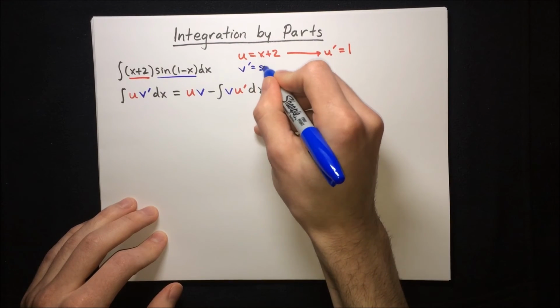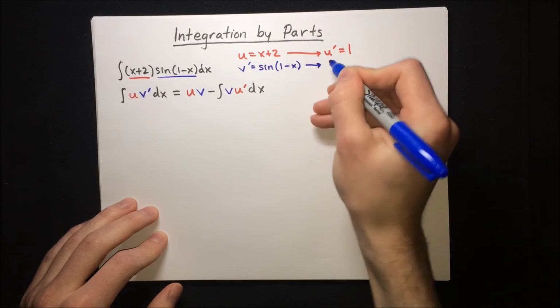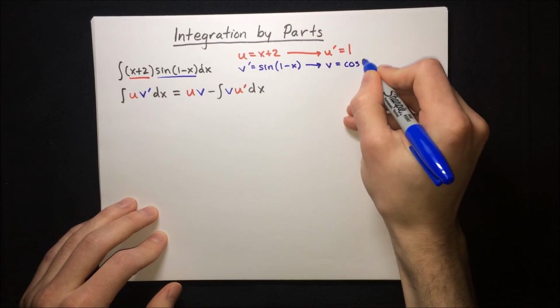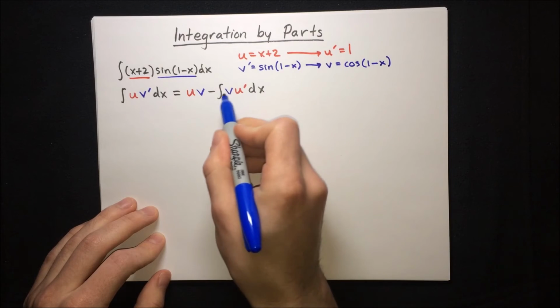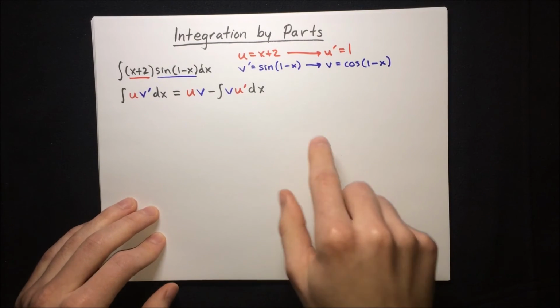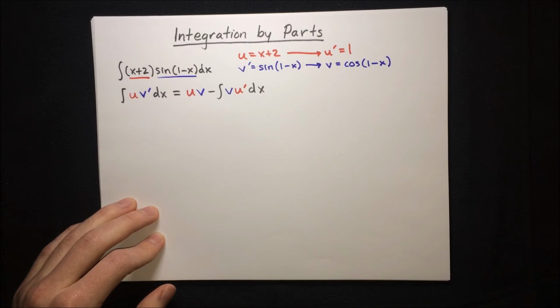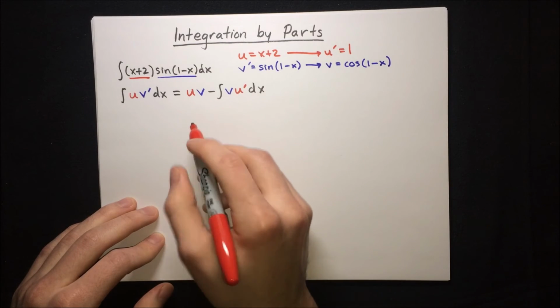V prime equals sine 1 minus x, and then taking the antiderivative, we have v equals cos 1 minus x. And again, we'll wait until this integral to think about any constants of integration. Great, so now we've got all of our u, v, u prime, v prime, and we can rewrite this integral using the rest of the integration by parts formula.